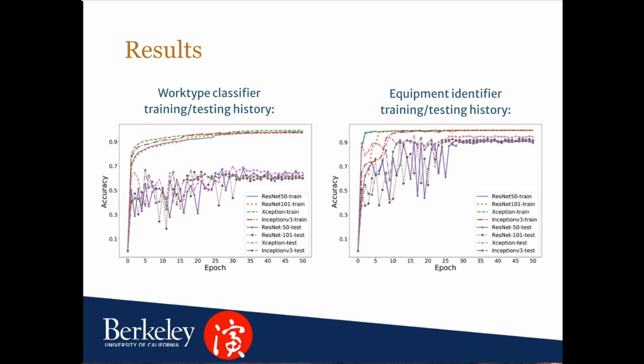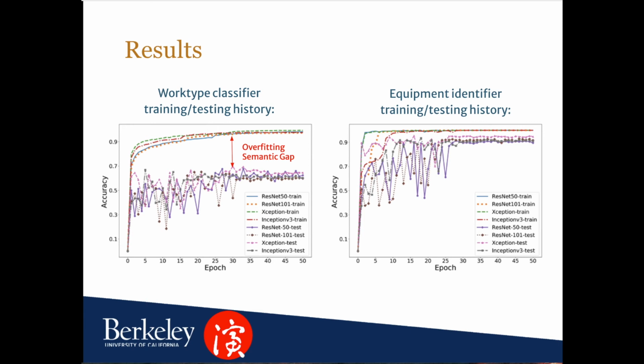Both models reach a very high training accuracy, but there is a performance gap between the training dataset and the testing dataset for the work type classifier. This is because work type for NATM is a rather abstract idea, so the model trained on the training dataset is overfitted and does not perform very well on a different construction site.